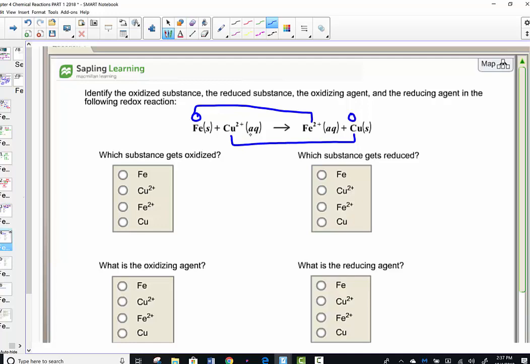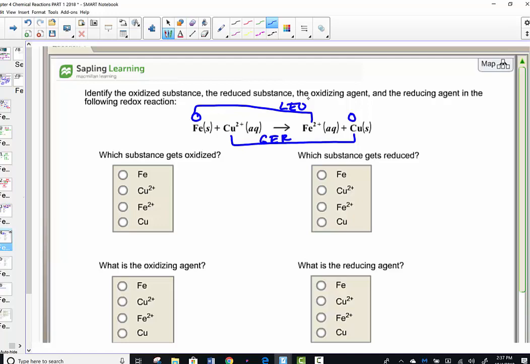When copper went from +2 to 0, it's decreasing on the number line, therefore it's said to be reduced. When iron went from 0 to a +2, it's getting more positive. Therefore, we know that it's oxidized. The substance that gets oxidized. Now, notice that you have ions and charges.